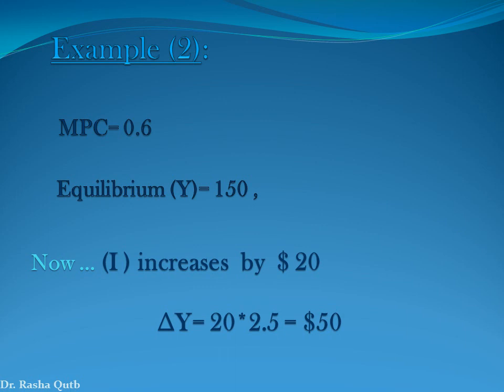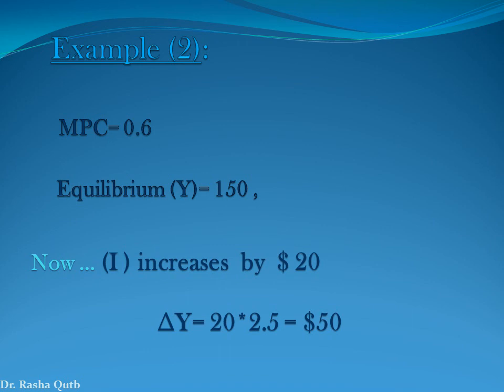We want the value of the multiplier and how this increase in investment affects the value of equilibrium national income. Does the increase in investment increase or decrease equilibrium national income, how can I know? I can know from the value of the multiplier. We have to calculate the value of the multiplier.